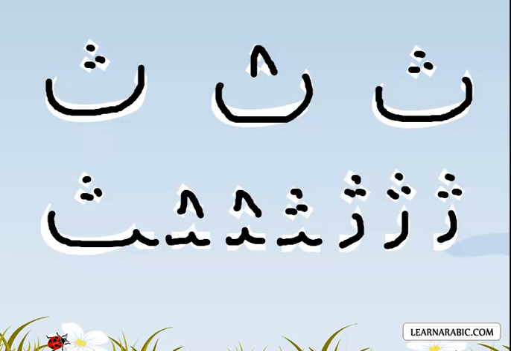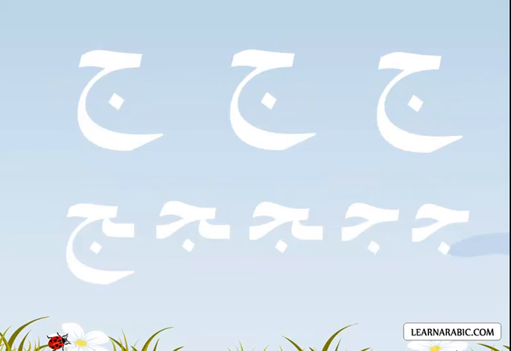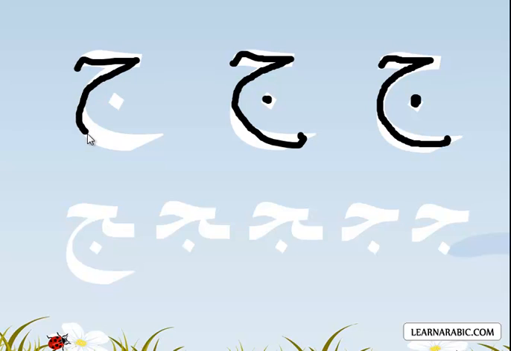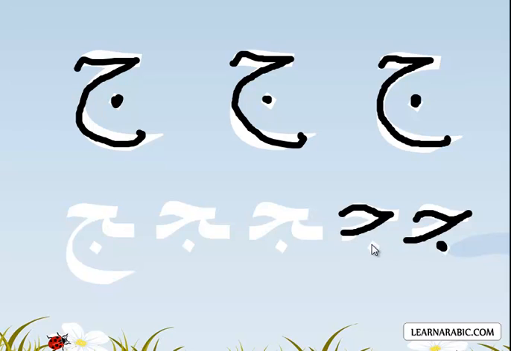Next we have the letter Jim, and Jim is the first of the next family of 3, and this goes like that, with a dot in the middle of the character, in the middle of the main body, like this. And at the beginning it appears like this, the beginning of a word, and then in the middle it's simply joined to what comes before it, and then the same symbol.